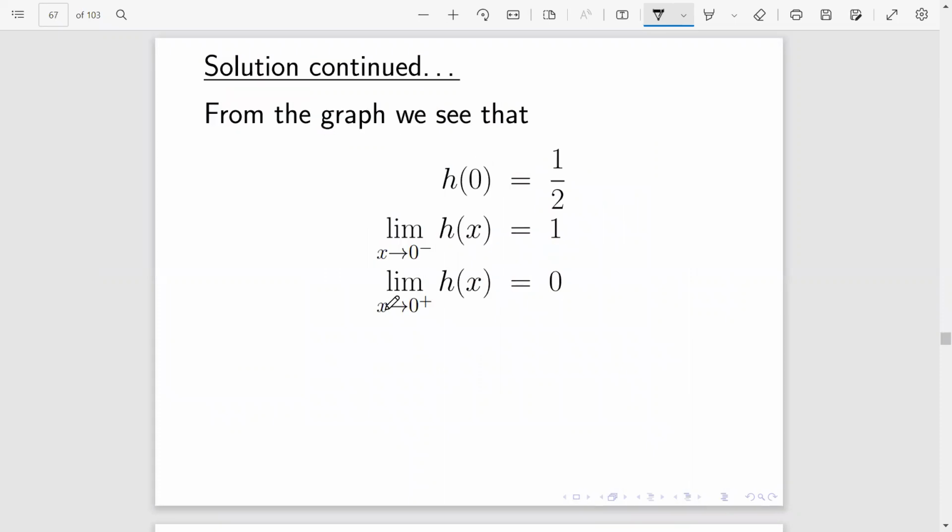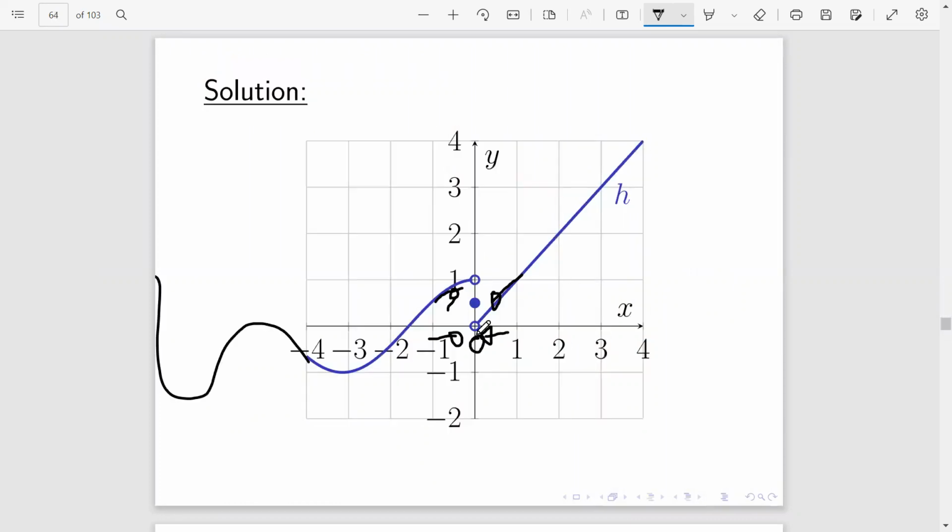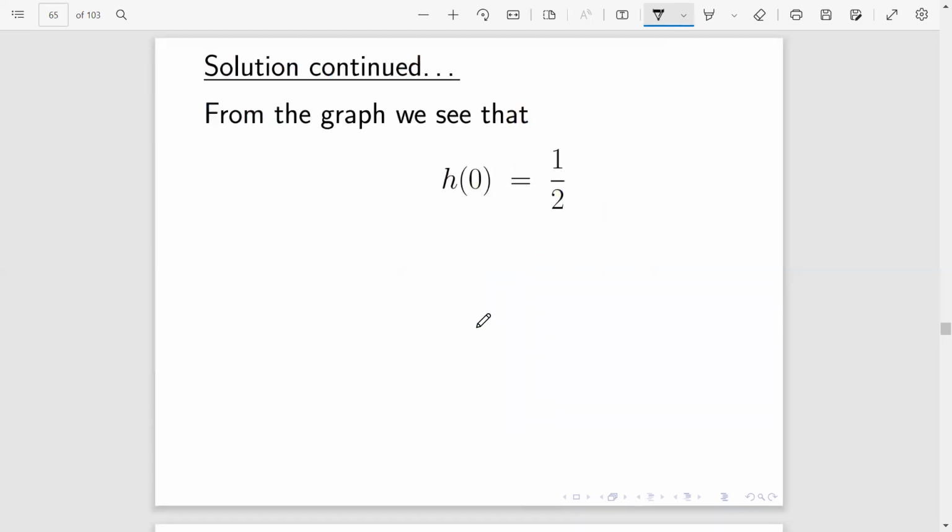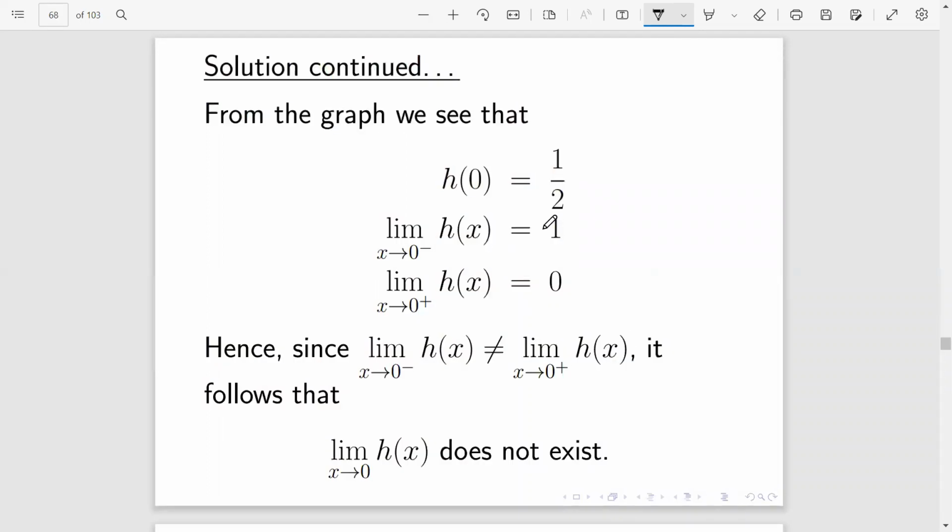And when x approaches 0 from the right, the y values are decreasing, approaching 0. Because the limit from the left and the limit from the right are not equal, we say that the limit does not exist, because the y values coming from the left and from the right are not approaching the same point.